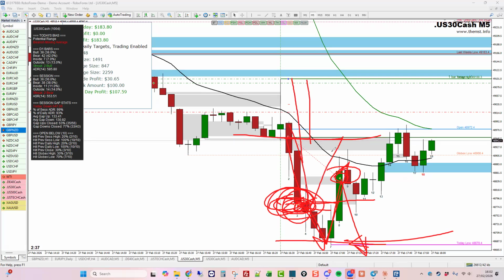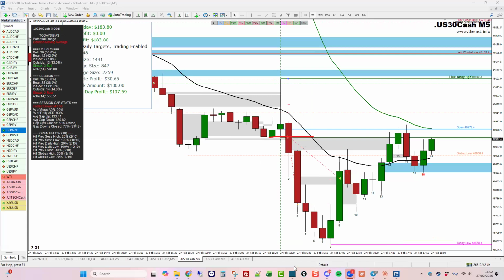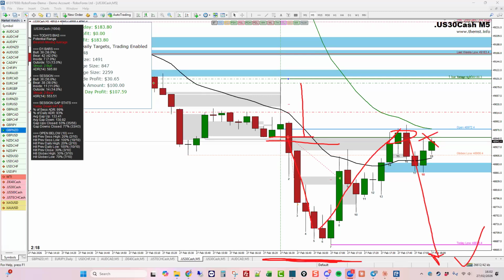Because if you do that, you will get, right. So let's say, for example, we set a 1 to 3 here. And our target was down here somewhere, right? What's happened is we've moved down to 1R and we go, brilliant, let's lock it in. What happens is it comes back and hits our stop, gives us a break even, and then goes straight down to target. So we don't get the 3R and we do get the break even.